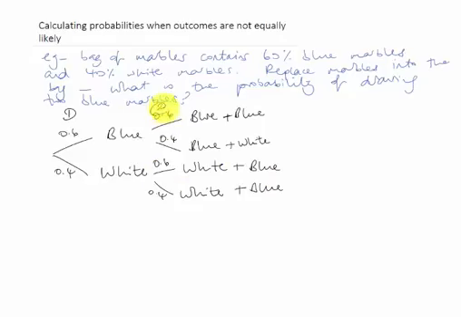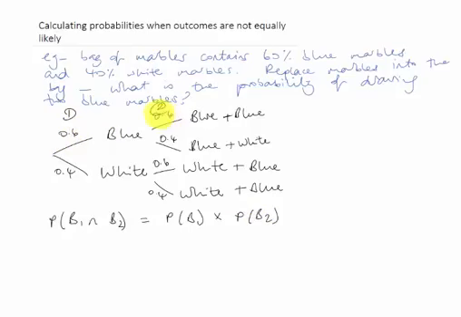So this is where we need to use the equation that we've learned before. The probability of drawing a blue and a blue is the probability of drawing a blue for the first one times the probability of drawing a blue for the second one.